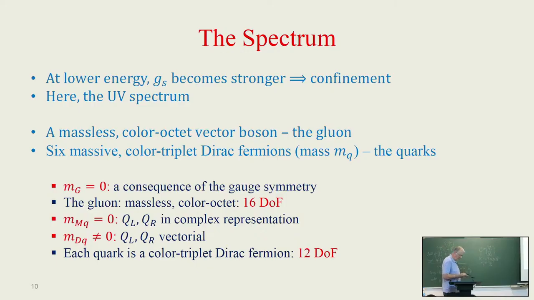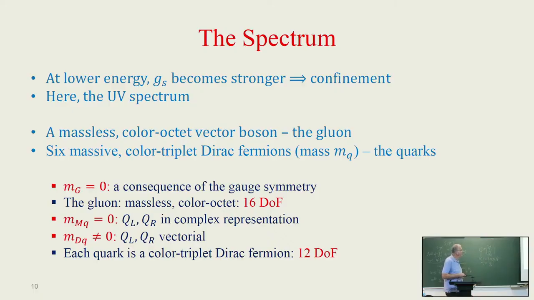So, what's the spectrum? It's not such a trivial question actually, because as we have 6 left and 6 right-handed triplets, then from the equation that I presented before, too quickly, for the running of the coupling constant, you should believe me that that equation tells us that GS becomes larger the lower the energy, larger and larger and larger.